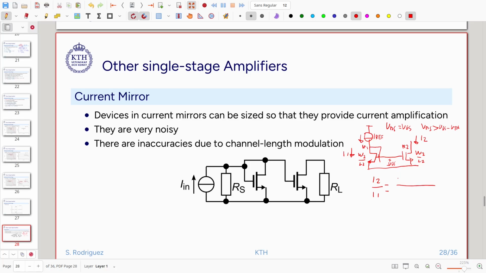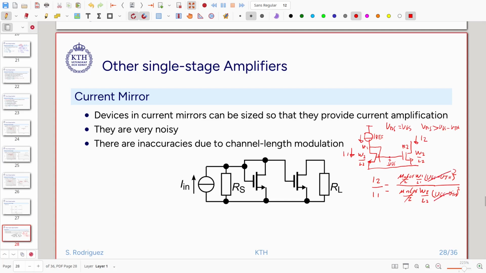In strong inversion we have μCox divided by 2, W1 over L1, times (VGS minus VTH) squared, and the same for the other, with W2 over L2. Then we see that this disappears, this disappears. This is the same for both, because both share gate and source.